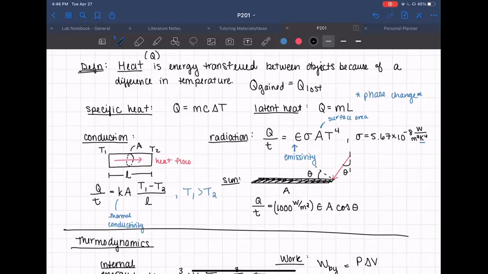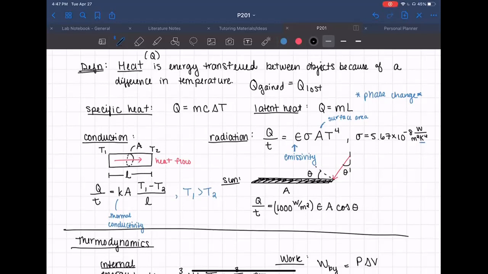So typically I set it up so all the Q's that are lost heat go on the lost side, and all the Q's that are gaining heat go on the gained side. Then the total lost has to be equal to the total gained, because otherwise physics would be completely broken.